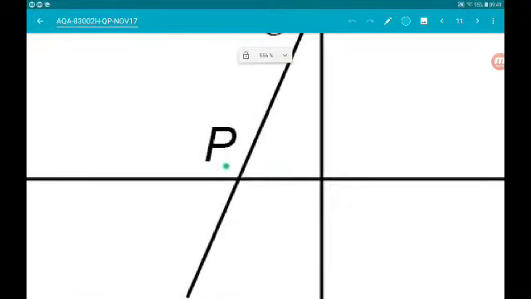So at this point, these 2 lines are simultaneous. When you solve simultaneous equations, this is what you are doing. You are finding where 2 lines or a line and a curve or a circle meet.